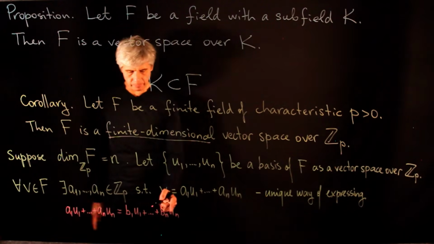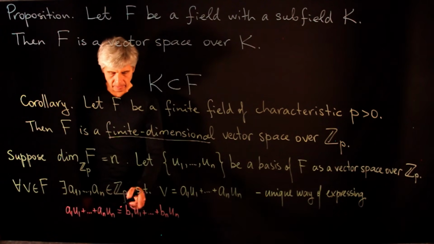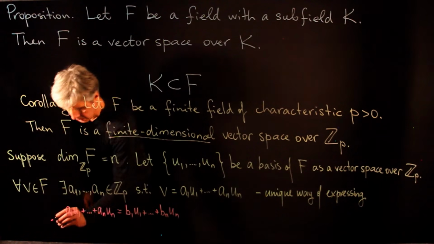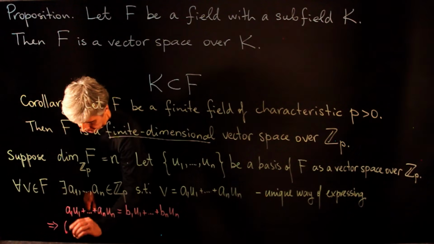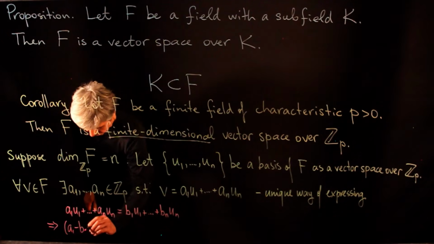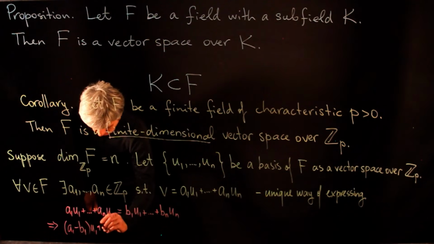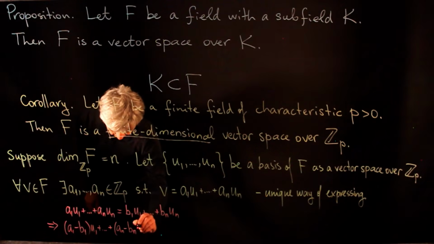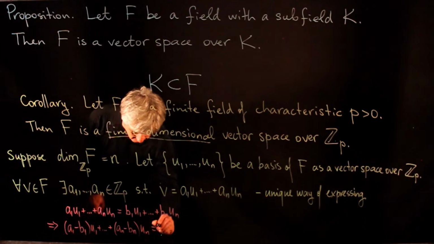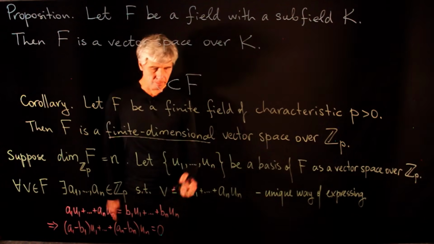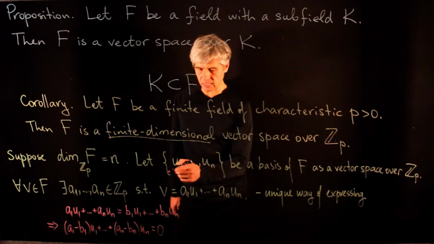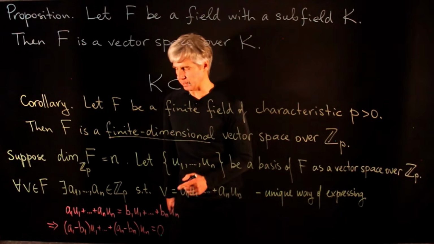If we move everything to one side, then this tells us that (a1 minus b1) times u1 plus ... plus (an minus bn) times un is equal to 0. But this is a basis over Zp, so these elements are linearly independent.